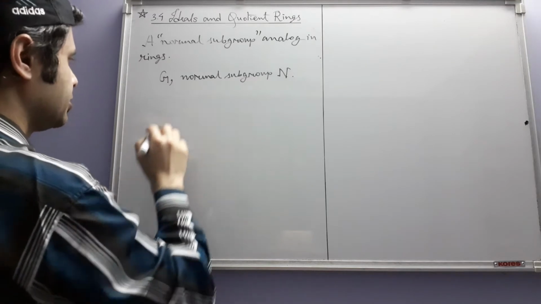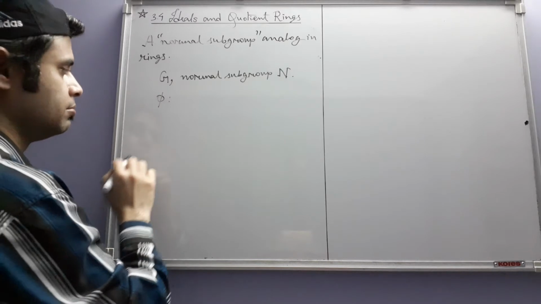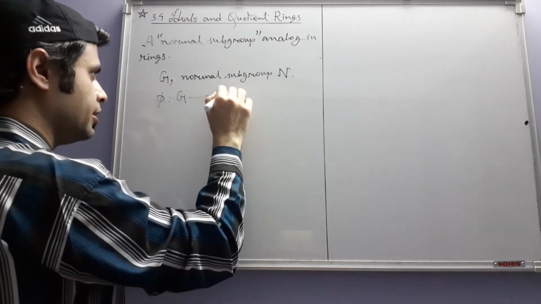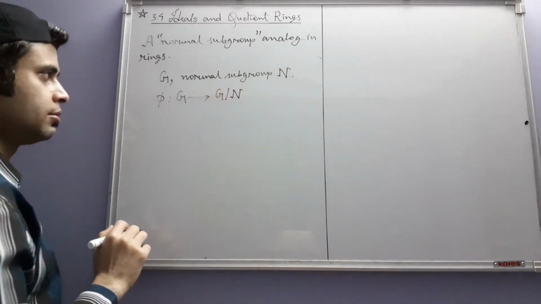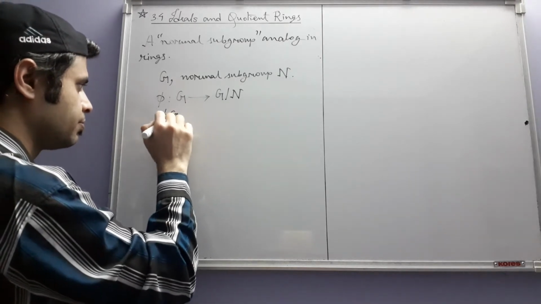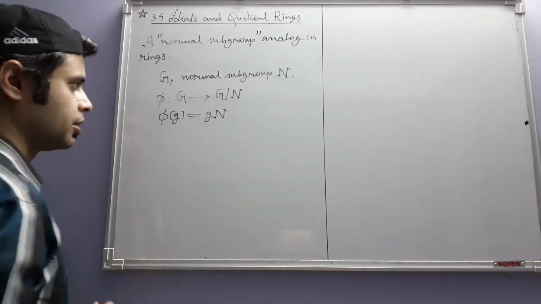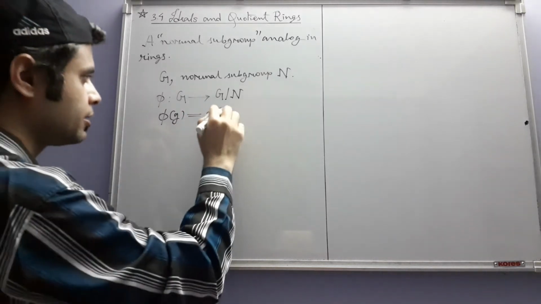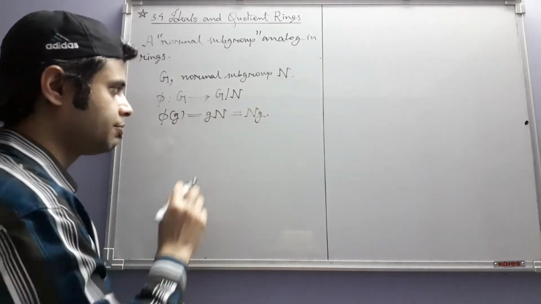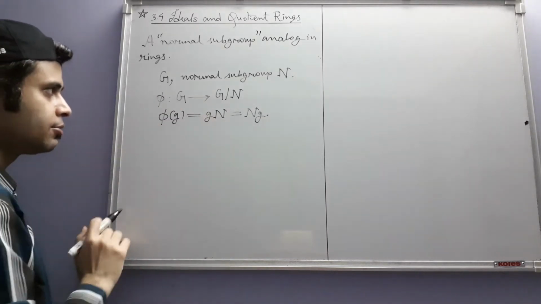Then we know that there is a homomorphism whose domain is G and range is G by N. This homomorphism is onto, and what is that homomorphism, by the way? It maps an element g into the coset gN, or you can write Ng also. They are the same thing because N is normal. So every left coset equals the corresponding right coset.